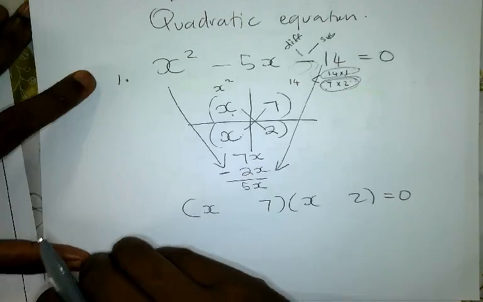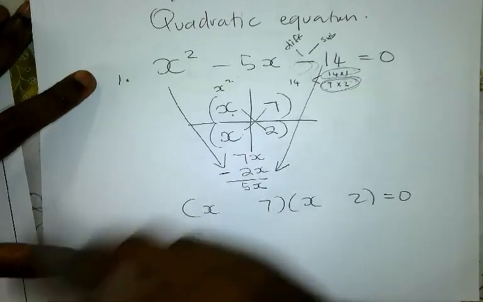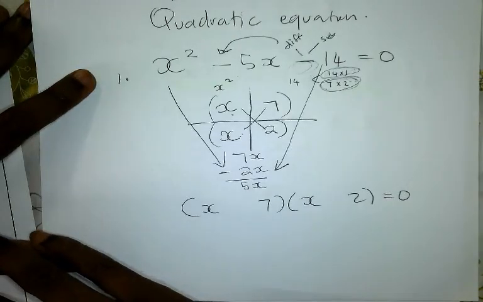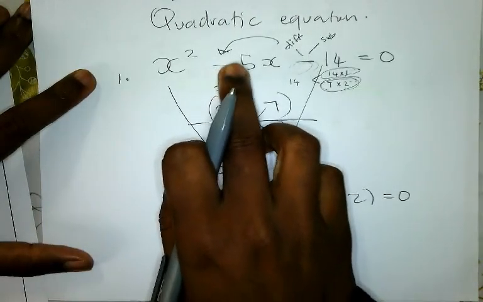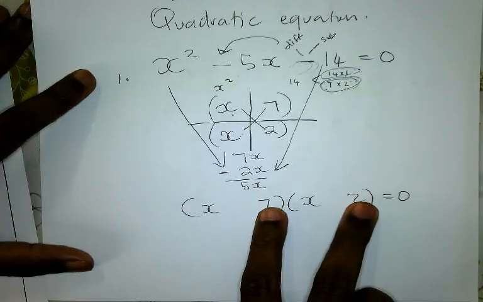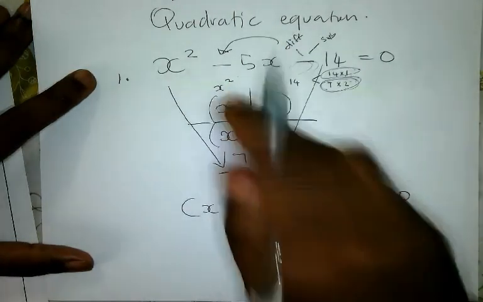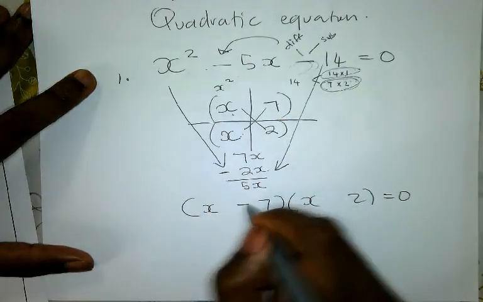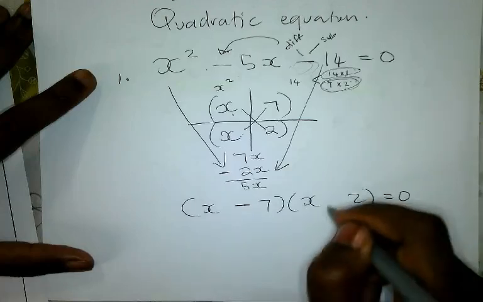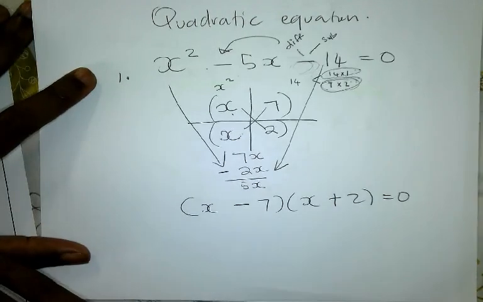Then I go to the sign in the middle term, and this sign has to go to the bigger number between the 2 factors. So which one is bigger? 7. So 7 will take this sign. Then because the signs must differ, automatically this one becomes a plus.